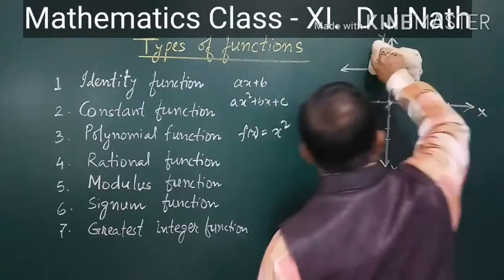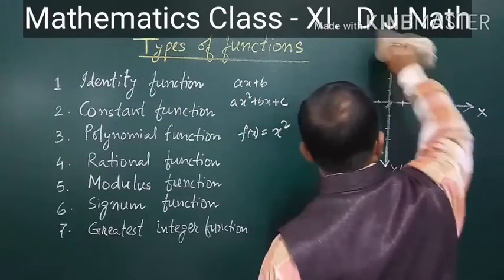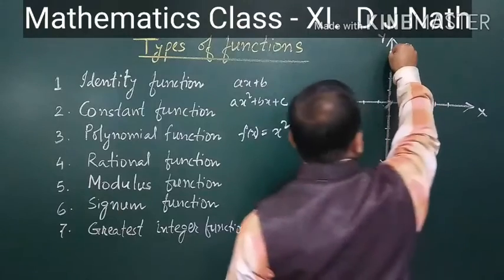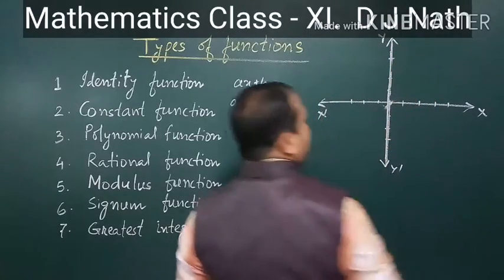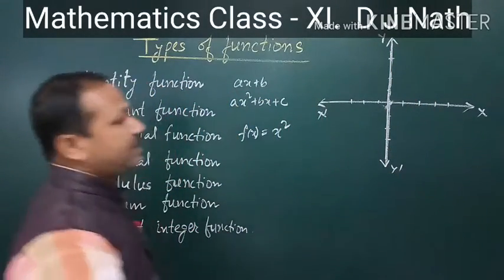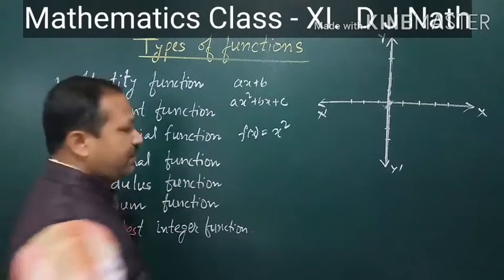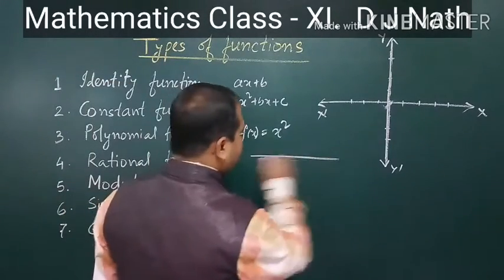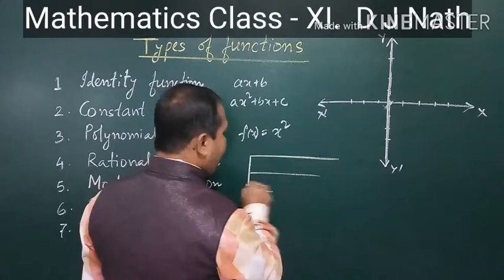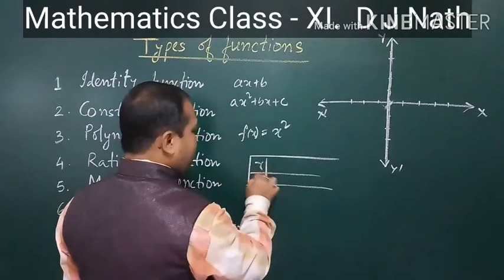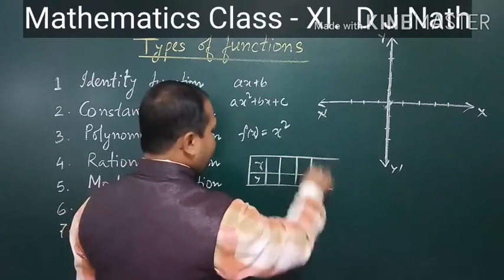Mainly we will see the graphs, because these graphs are important for all purposes, in physics also and in mathematics also. So f of x is equal to x square. We find out the points.